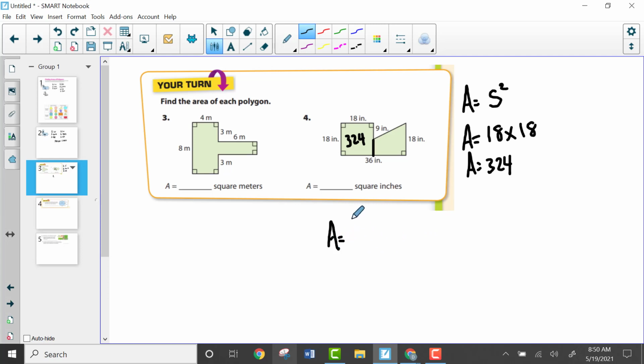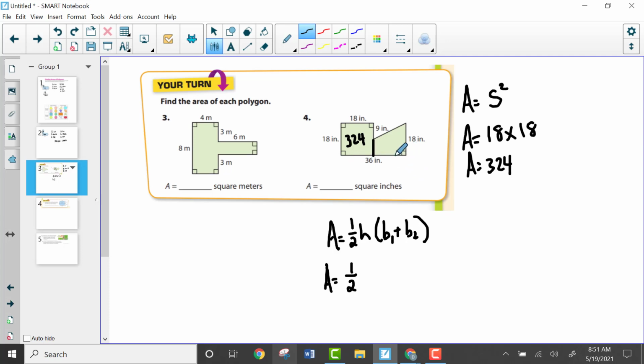So for trapezoid, area equals 1/2 times the height times base 1 plus base 2. All right, so now we need to plug in our numbers. Area equals 1/2 times the height. Now we need to figure out what the height is.